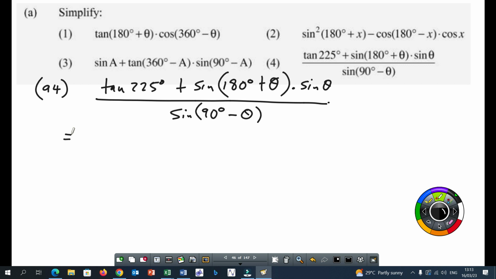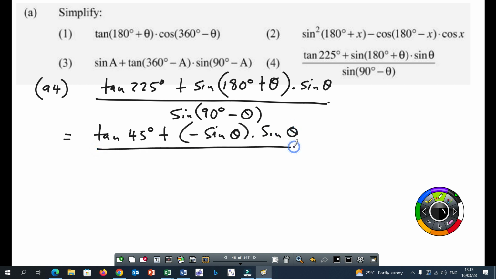Okay, so tan 225 is in the third quadrant. So it's the same as tan of 180 plus 45, so that's tan 45. Right? Plus sine of 180 plus theta. 180 plus theta is in the third quadrant. Sine is negative, so that's minus sine theta times sine theta all over cos theta.